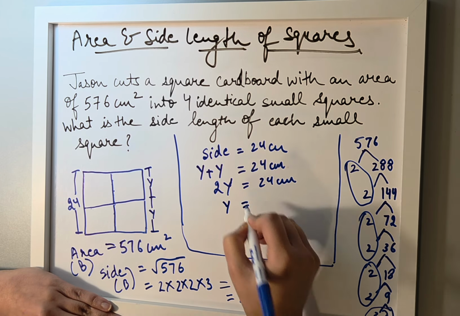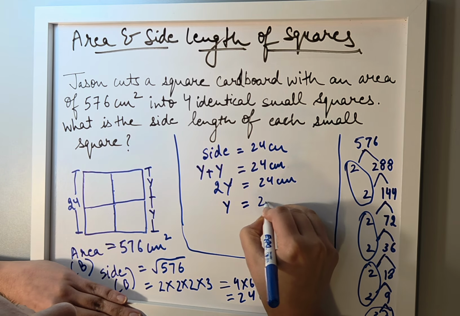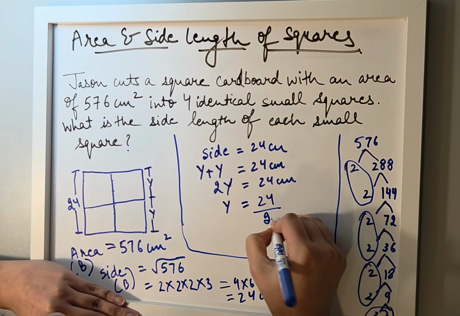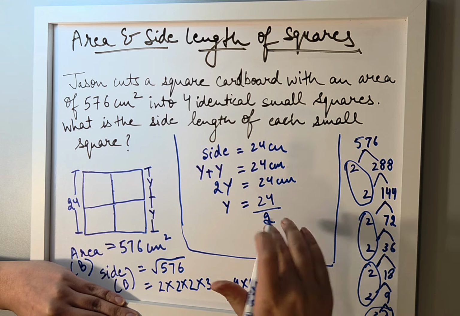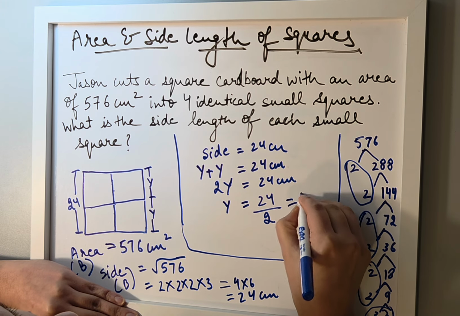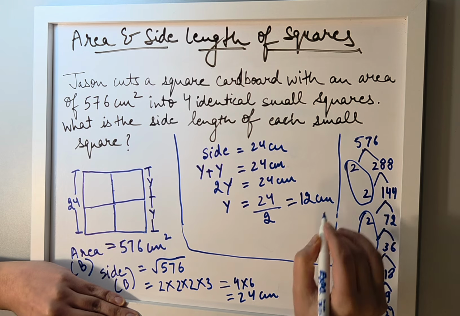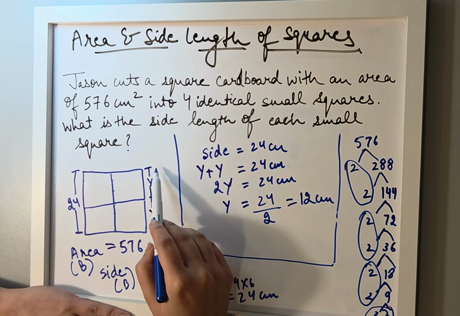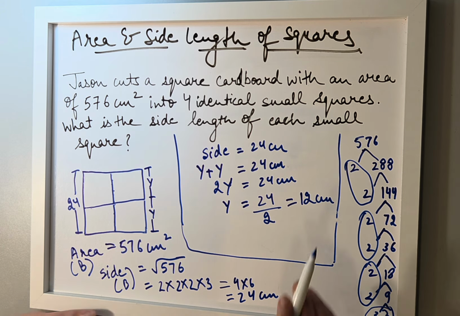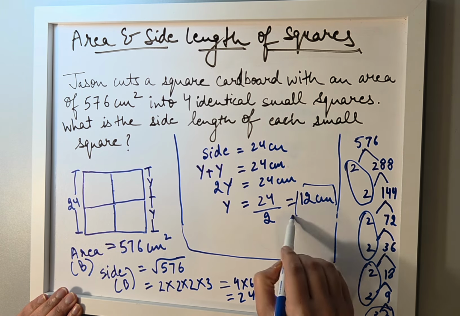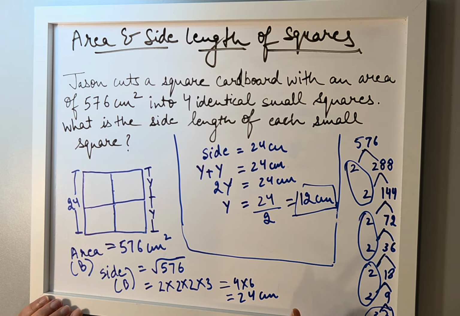Then y will be, if 2 is getting multiplied here, we'll divide the other side by 2. When it goes to the other side of the equation, multiplication becomes division. So it will give us 12 centimeter. So we can say the side of the small square comes out to be 12 centimeter.